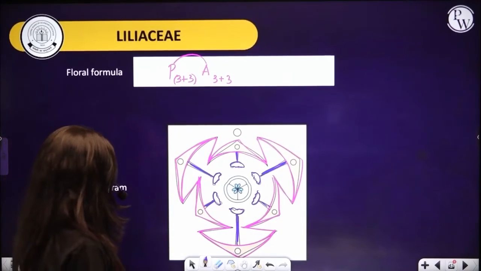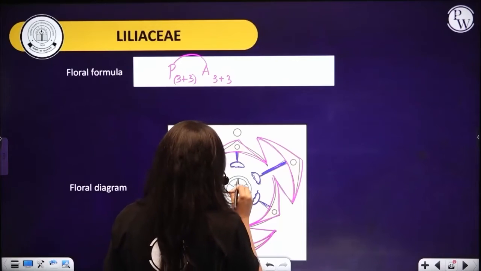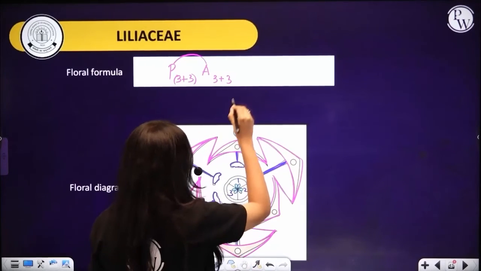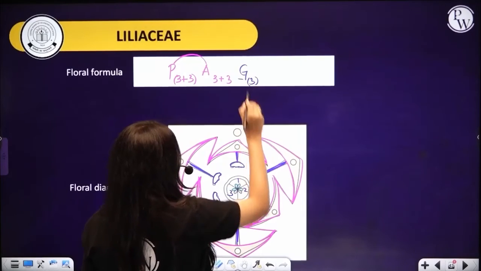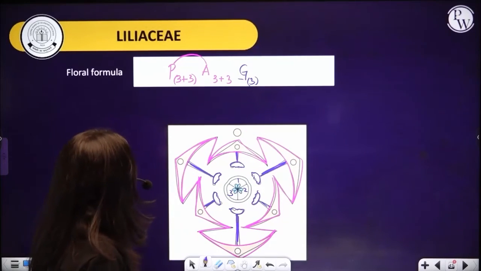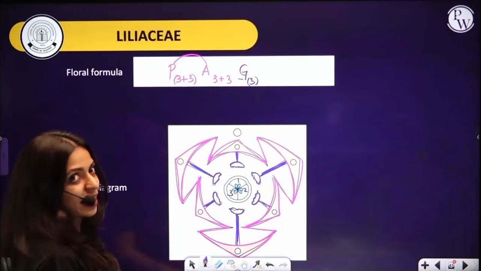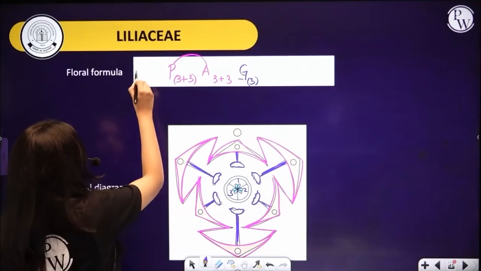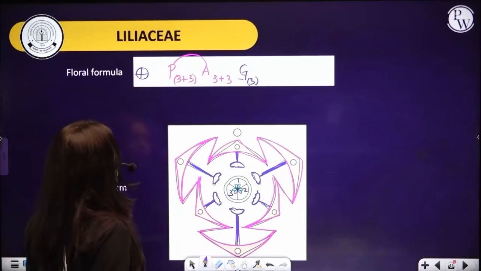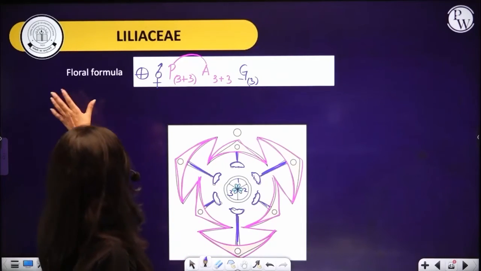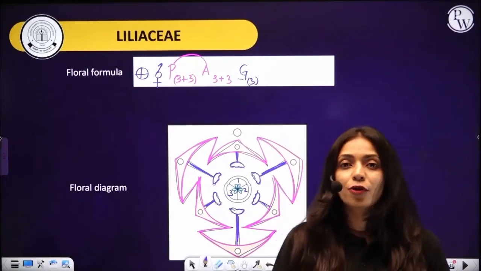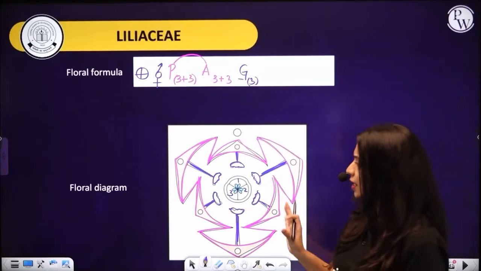That's about the androecium. Gynoecium, there's 1, 2, 3 carpels. The 3 carpels are fused. There is a superior ovary. Now talking about whether it's actinomorphic or zygomorphic, I already said this is an actinomorphic flower and also it is bisexual. So this is how you represent the floral formula for the family Liliaceae.